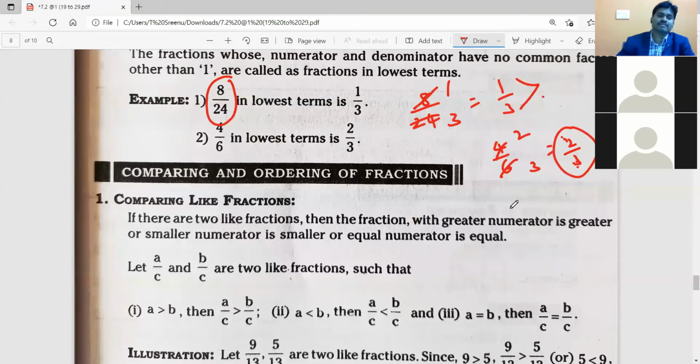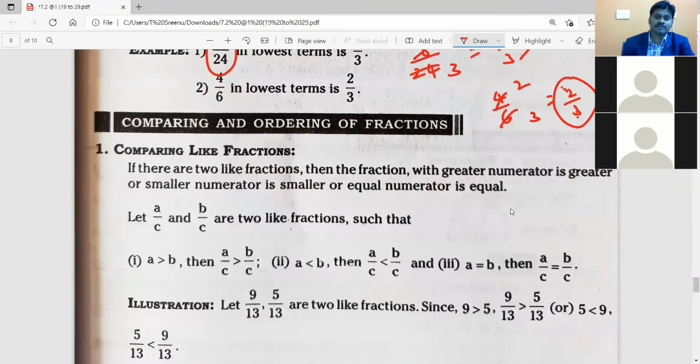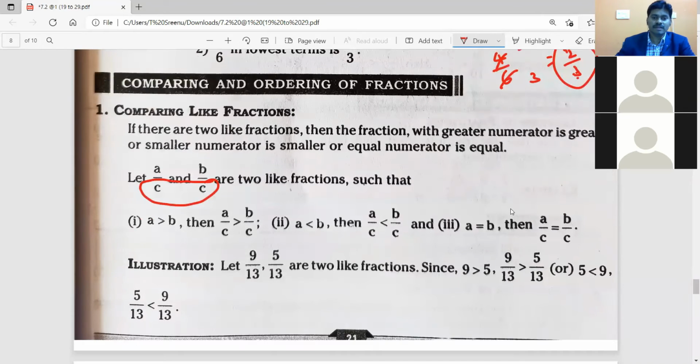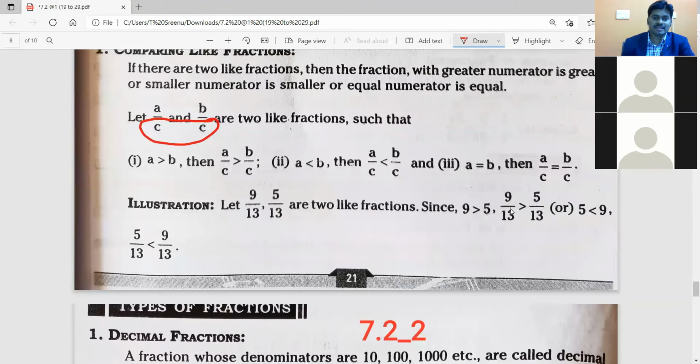Comparing and ordering. When we compare two fractions, the denominator should be the same. Then only we can compare. Here you see the example. Here 13 and 13 are the denominators. Then we can say 9 by 13 is the big number and 5 by 13 is the small number. Sometimes the numerator will be the same, like 13 by 15 and 13 by 21.